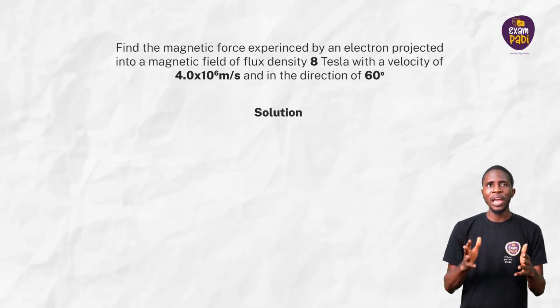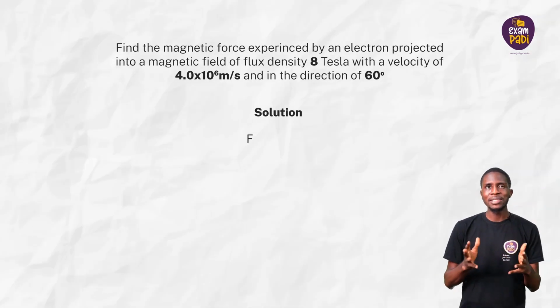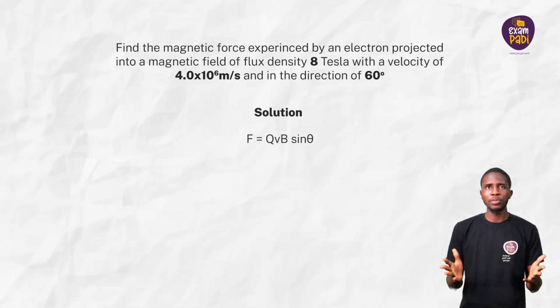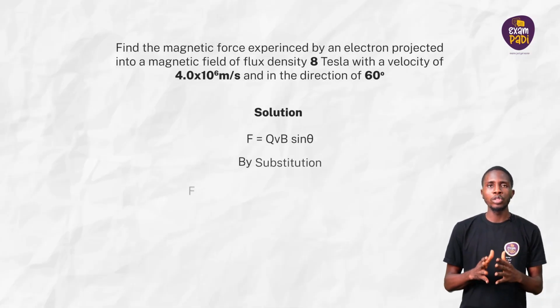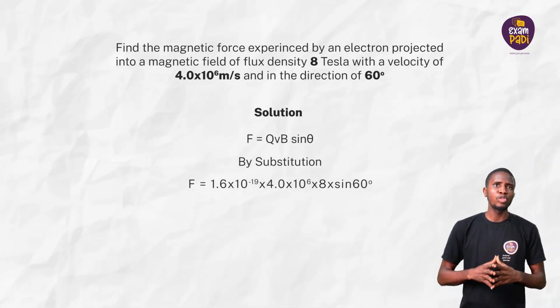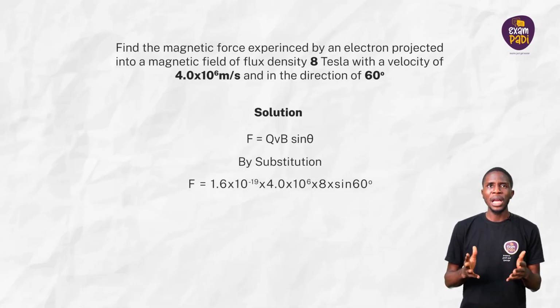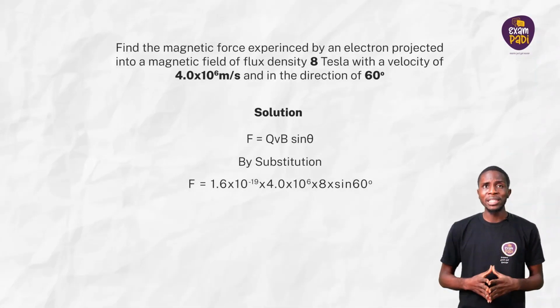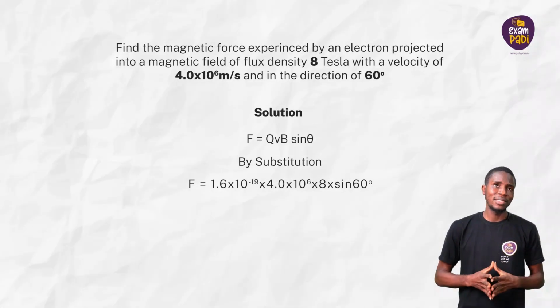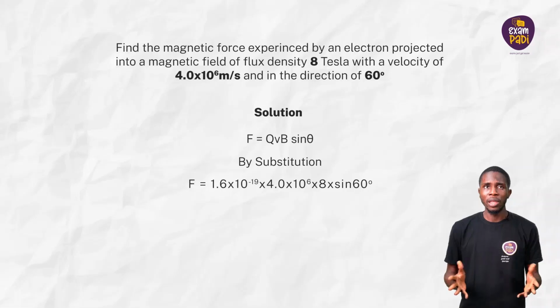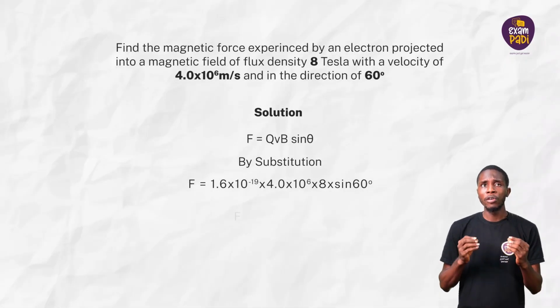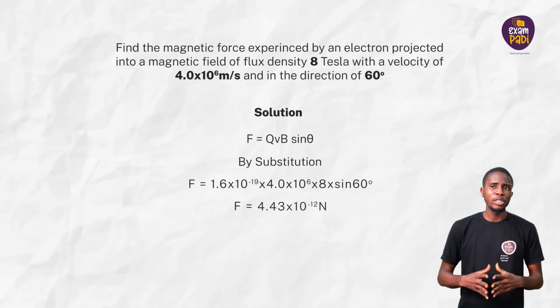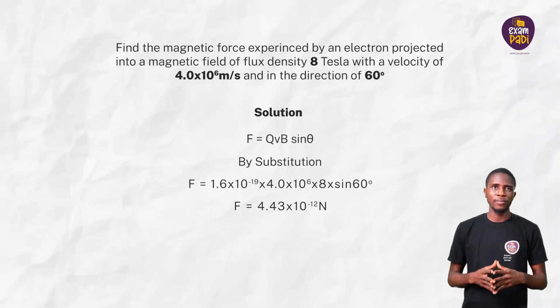In the equation, F equals QVB sin theta. By substitution, F equals 1.6 times 10 raised to the power minus 19 multiplied by 4.0 times 10 raised to the power 6 multiplied by 8 multiplied by sin 60 degrees. Therefore, our force equals 4.43 times 10 raised to the power minus 12 Newtons.